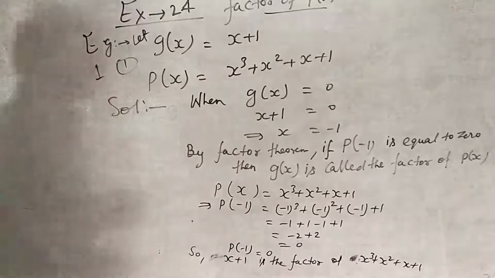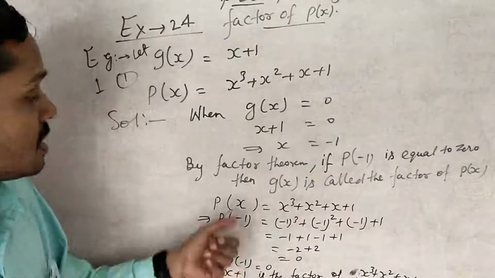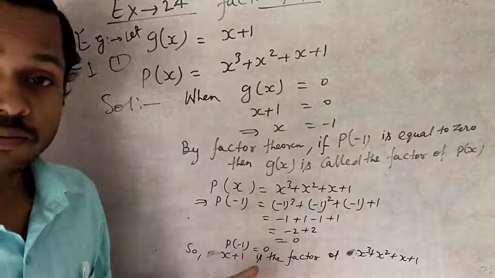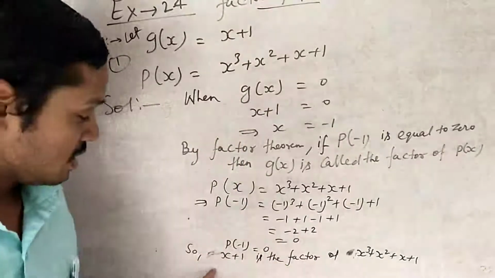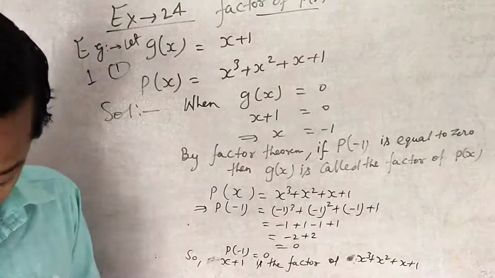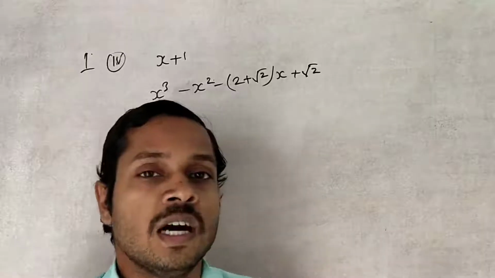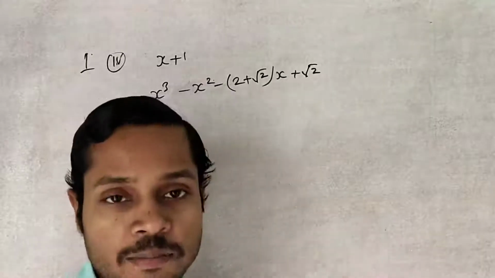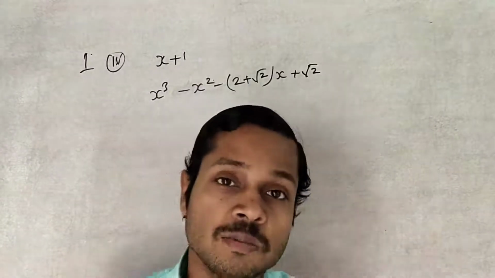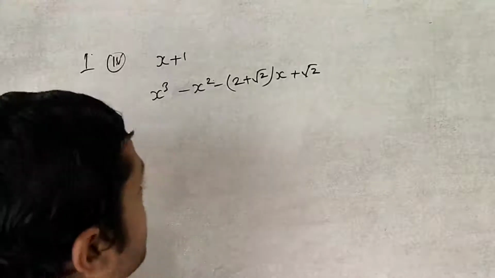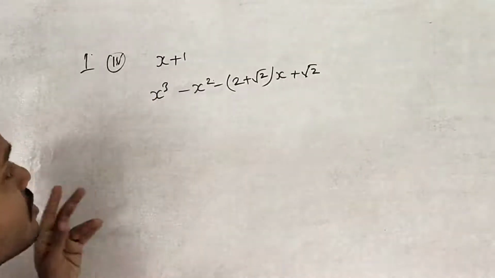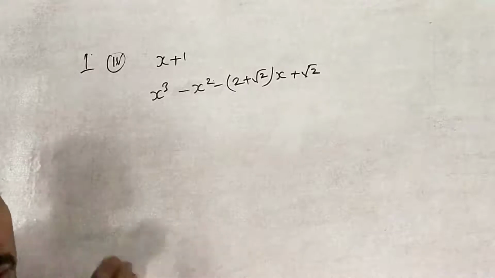Because in this question the names were not given, we have already considered them, therefore in the last one we will have to write according to the question. Clear? So I have already completed the example, and that example was the first question of the first number of exercise 2.4. Clear?